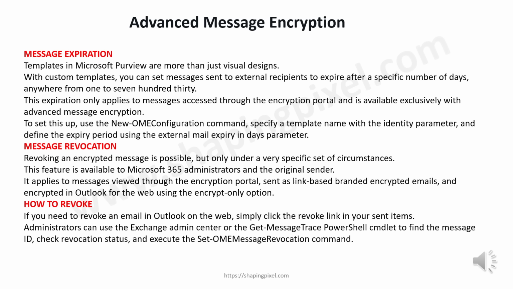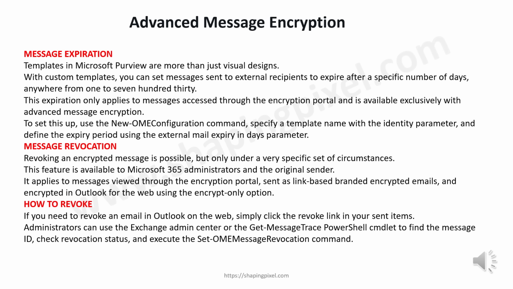Revoking an encrypted message is possible, but only under a very specific set of circumstances. This feature is available to Microsoft 365 administrators and the original sender. It applies to messages viewed through the encryption portal, sent as link-based, branded encrypted emails, and encrypted in Outlook for the web using the encrypt-only option.